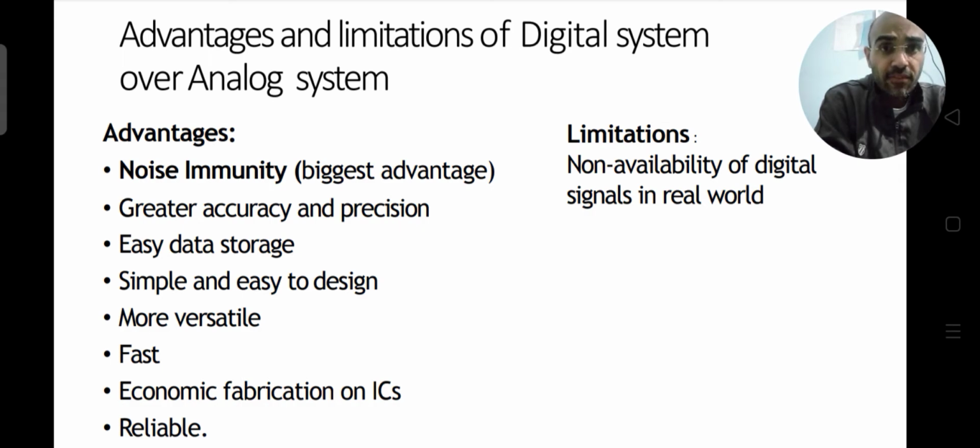Whereas digital ICs are very versatile and can be used to perform operations which are not even thought of. That is why these digital ICs are very versatile.